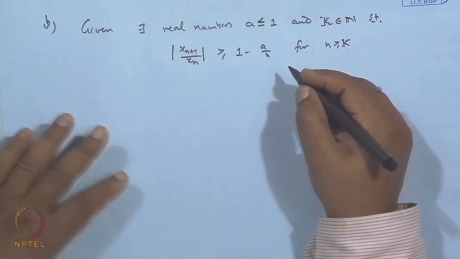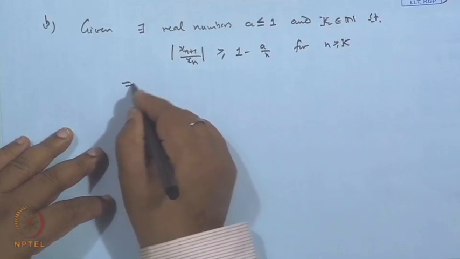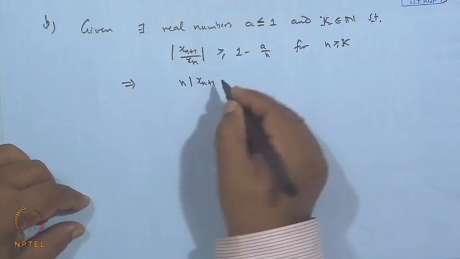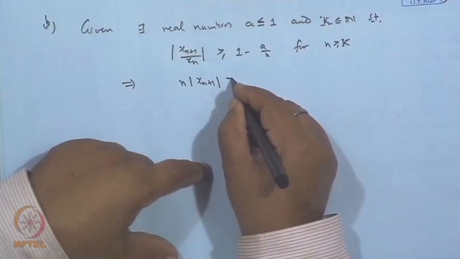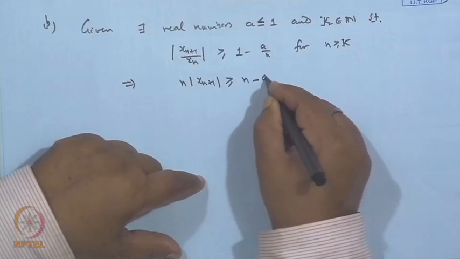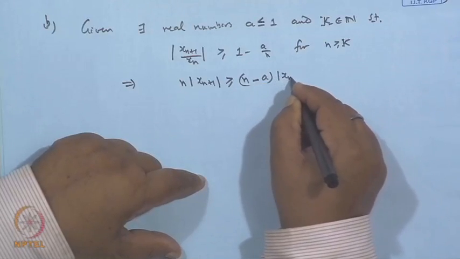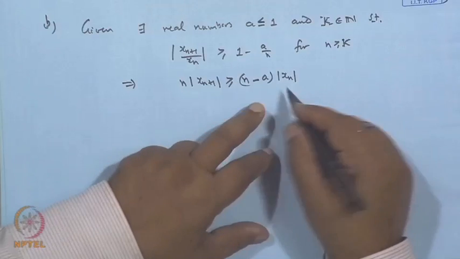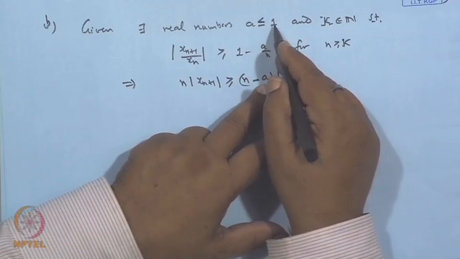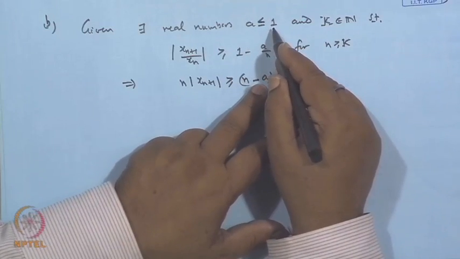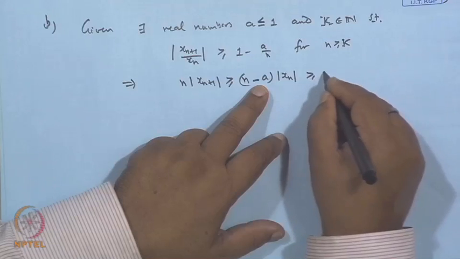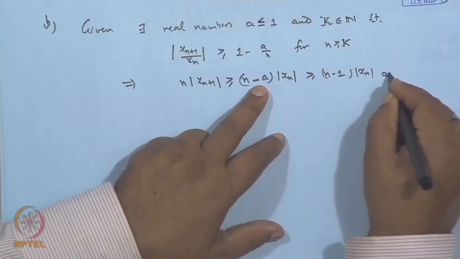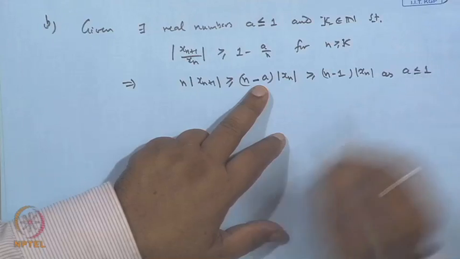So, what does this show? This shows that if we multiply by n, n into mod x n plus 1 is greater than or equal to n minus a into mod x n. But a is less than or equal to 1, so minus a is greater than or equal to minus 1. So, it is greater than or equal to n minus 1 mod of x n, as a is less than or equal to 1.